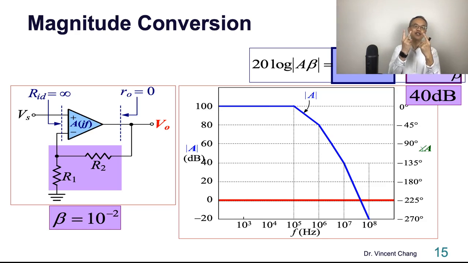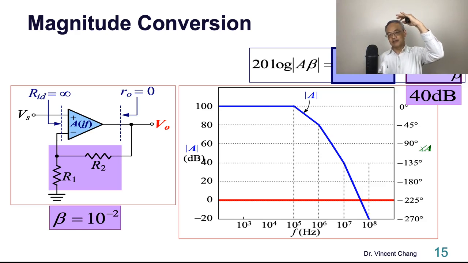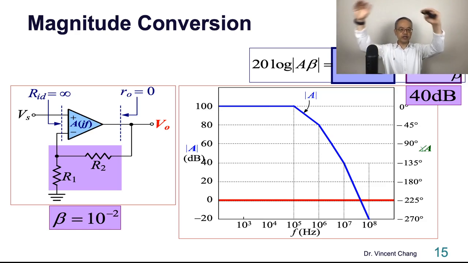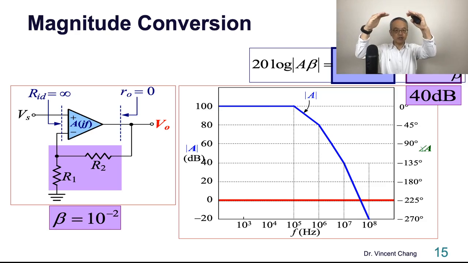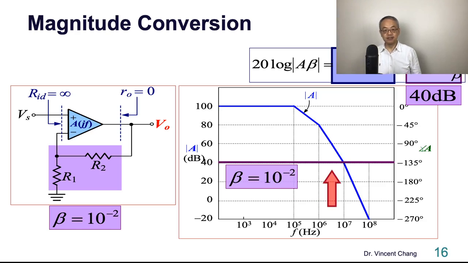There are two ways to do this. Number one, fix the frequency axis, but bring down the curve. Or you can fix the curve and bring up the frequency axis, right? So bring it up by 40 decibel.